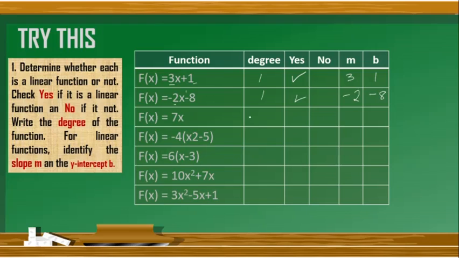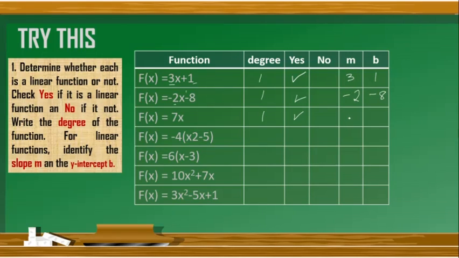For number 3, f(x) = 7x. What is the degree? 1, because the given variable has an exponent of 1. Is it a function or not? Yes, it is a function. Now, what is your slope, your m?